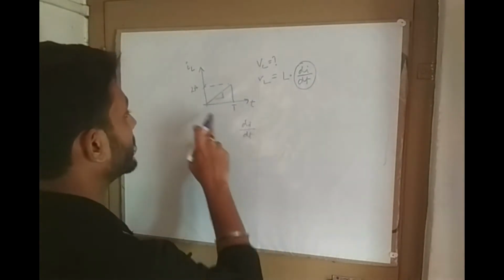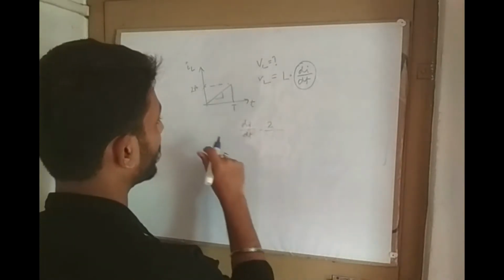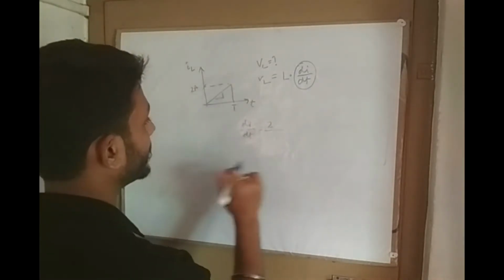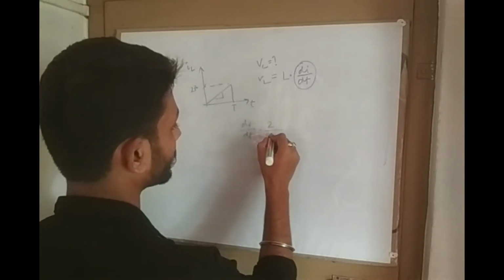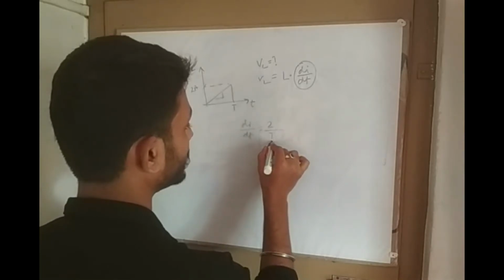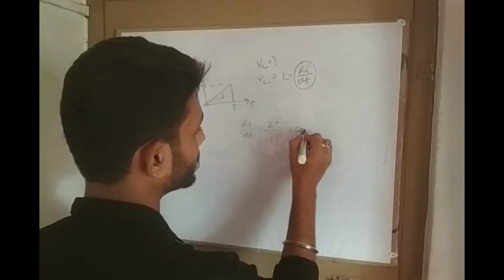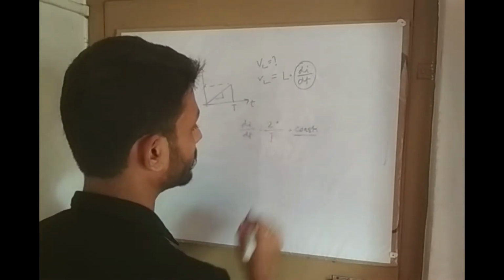So di dt, here the di, the current, if it is 2 ampere, and dt, if it is t, then it is also constant, and this one is also constant.